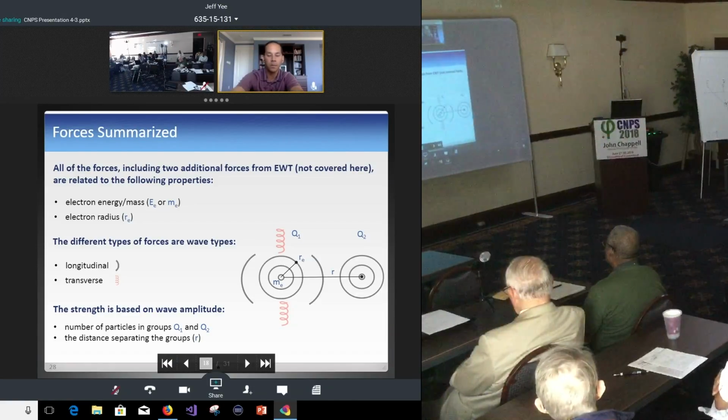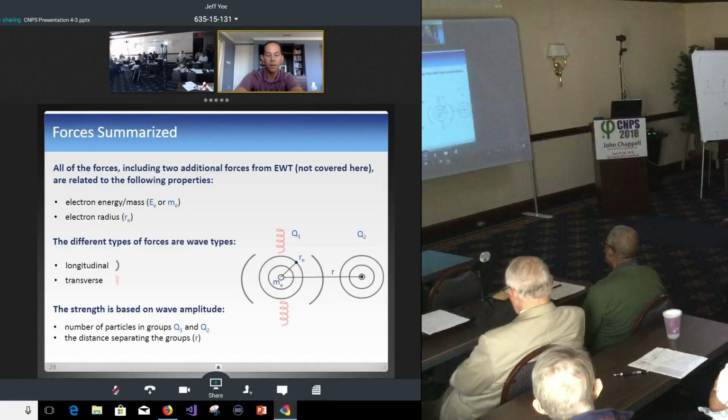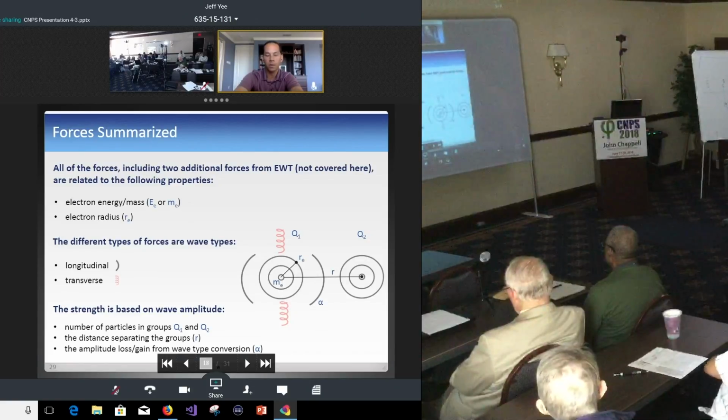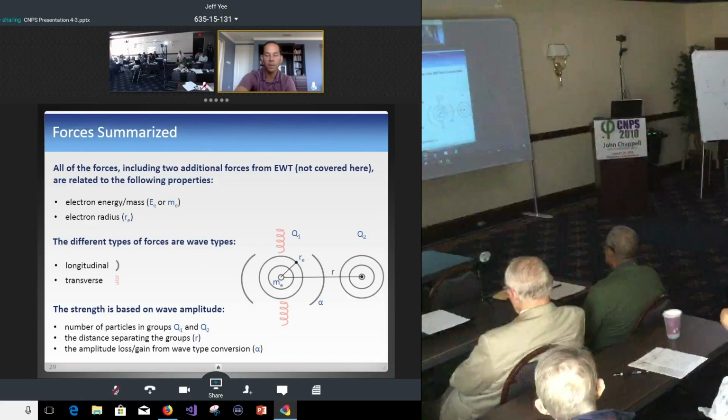And of course, since in many of the forces, the force decreases based on distance, or the square of the distance, the distance r is required to understand what the effect is on wave amplitude. And one last thing, which was shown on only the second relationship, which is an amplitude loss or gain from a wave type conversion. So this alpha symbol is used. It's the coupling constant in physics.